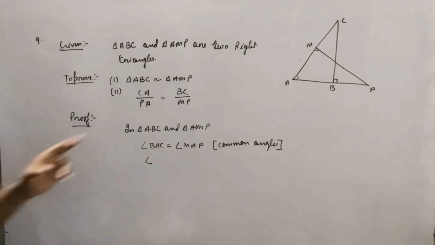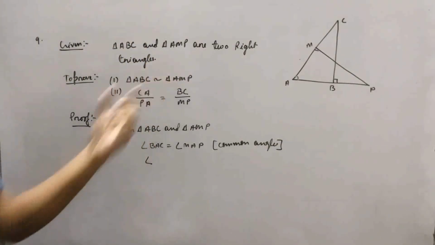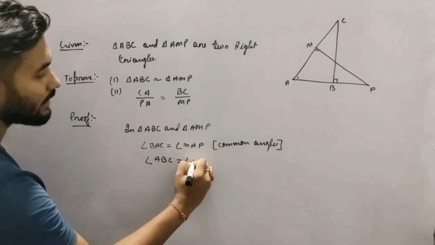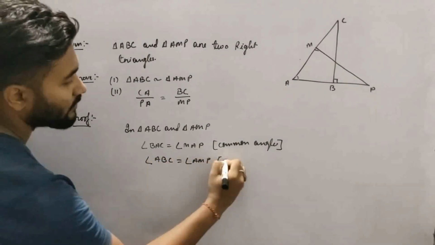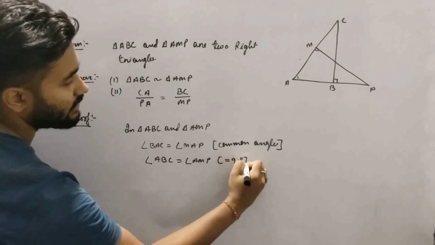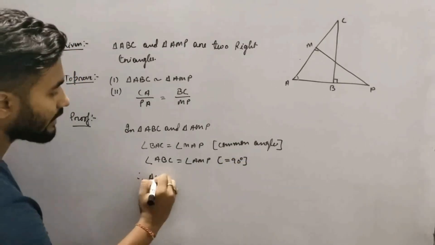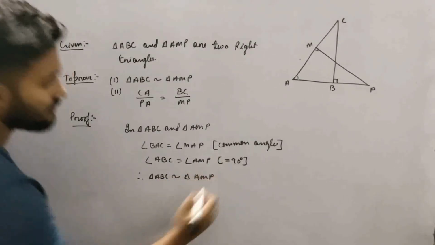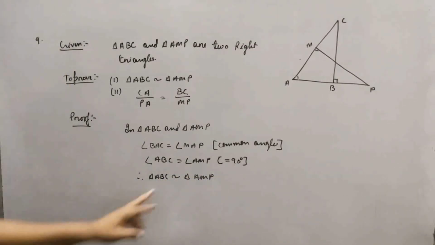Next, B is equal to M, so it is already in the vertex. So same way we can write angle ABC will be equal to angle AMP equal to 90 degree. So therefore triangle ABC is similar to triangle AMP. Done.